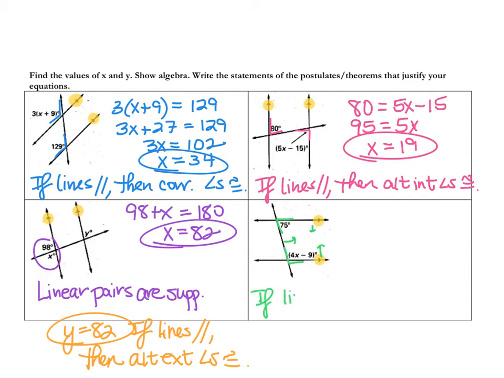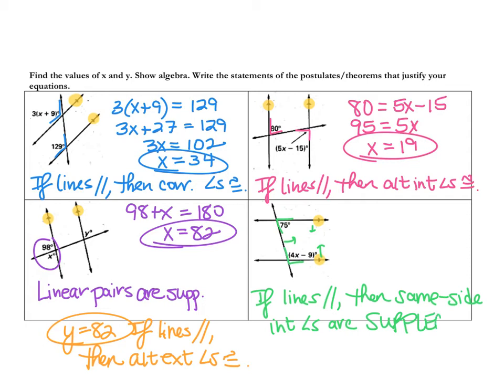If lines are parallel, then same side interior angles are related how? They're supplementary. Hopefully looking at that, they don't appear to be congruent, right? So even though I usually say don't go by how it looks, you kind of can go by how it looks on these problems if they're drawn well.